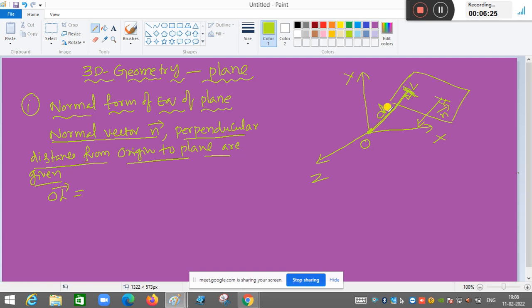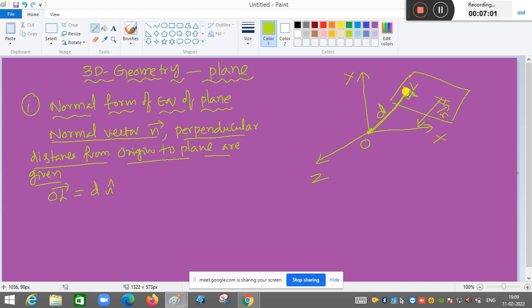See, this is the distance, but a vector is required. So this is perpendicular to the plane, this is also perpendicular to the plane. So we can write OL bar is d into n cap. N cap is what? Unit vector, normal unit vector, a unit vector that is perpendicular.